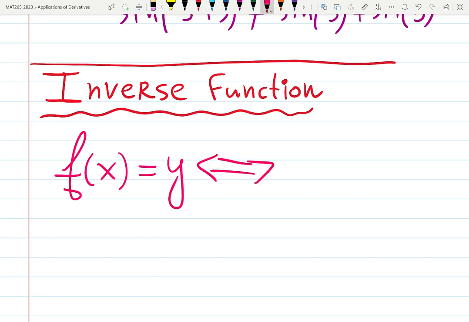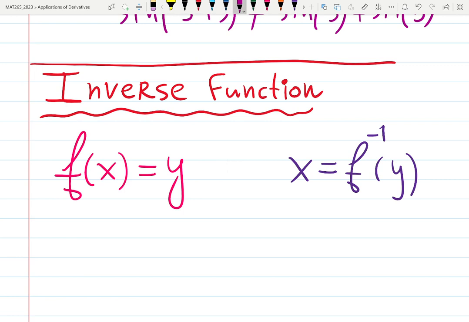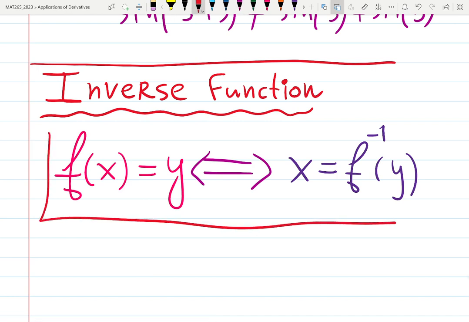What if I want to have the input standing outside versus the output? Well, then it will be x equals f inverse of y. Minus 1 at the top doesn't mean 1 over f. It's reserved for the inverse function. This notation means if and only if, so it goes both ways. Put this in the box.